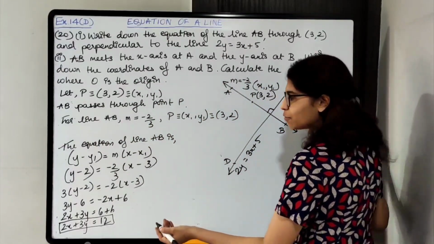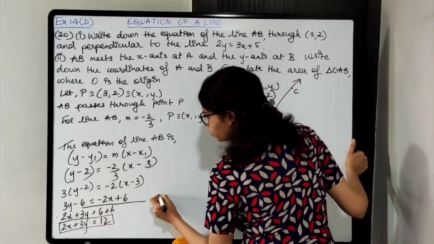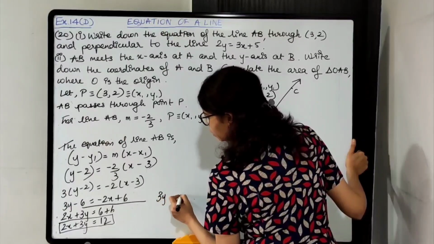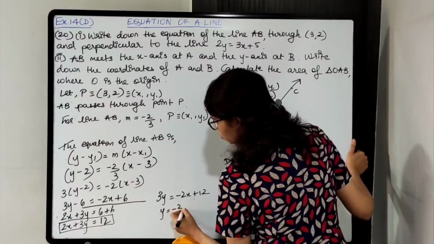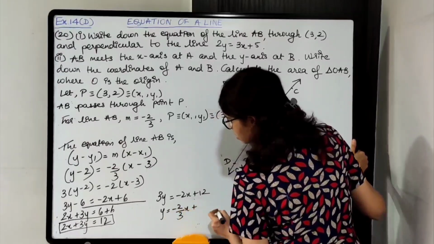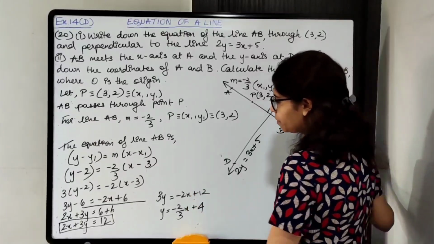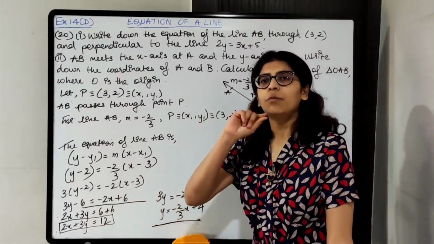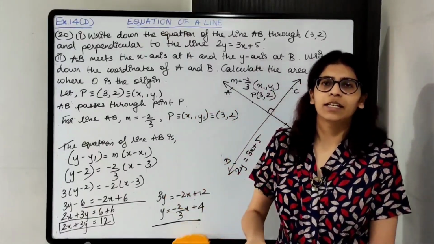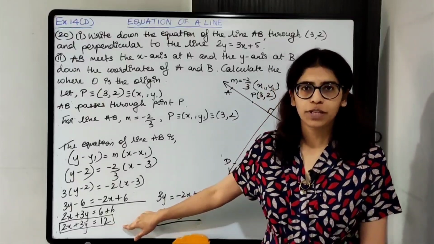Or in standard form, 3y will be equal to -2x plus 12, so that gives -2 by 3 x plus 12 by 3, which is 4. I've skipped the steps over here. This will be the equation in standard form. Whichever you consider, box it and write down the final statement: the equation of the line AB is 2x plus 3y equals 12.